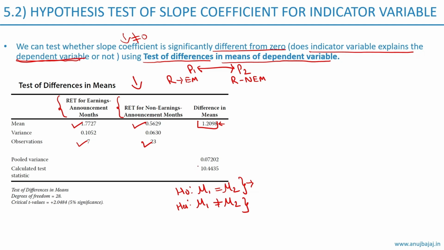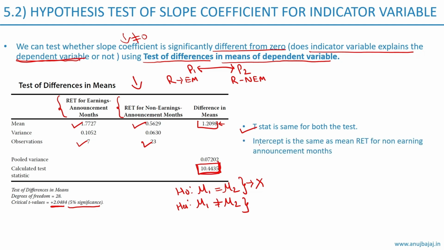So the t-stat that we get is 10.4435, and with the 5% level of significance, when we have this critical value, we reject the null hypothesis and conclude that the two population means are different, which implies that the population slope coefficient should be different than 0. There are a few observations here: the t-stat is the same for both tests, the one we conducted previously and this one.